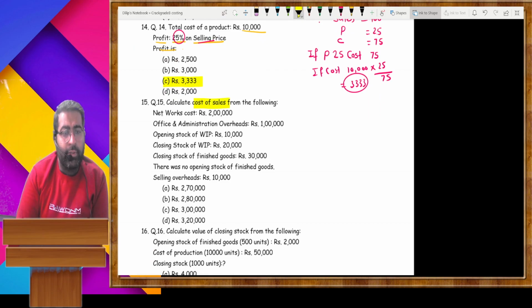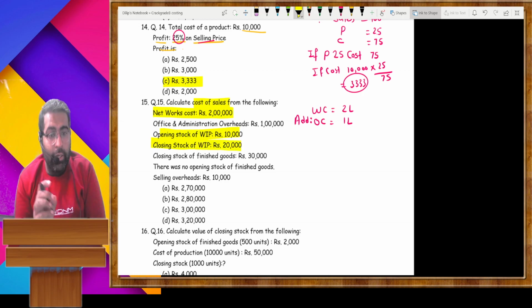Question number 15. Calculate cost of sales. Net work cost. Work cost is given directly, 2 lakh. In work cost, we always add office cost, that is 1 lakh. Now in the question there is given opening stock of work in progress and closing stock of work in progress. Listen very carefully.